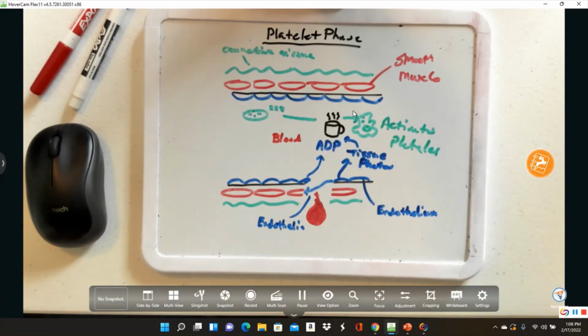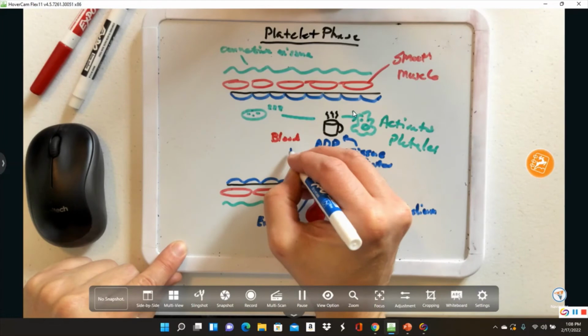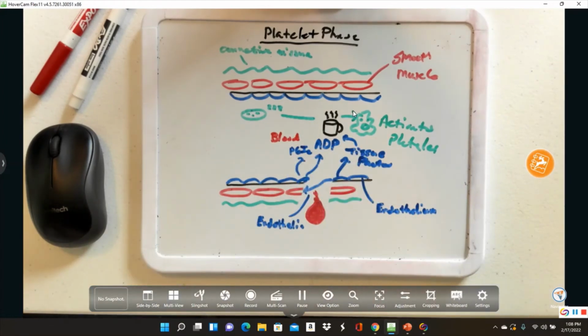And the other thing, and I'm going to write it, these damaged cells make something called PGI2, or prostacyclin.